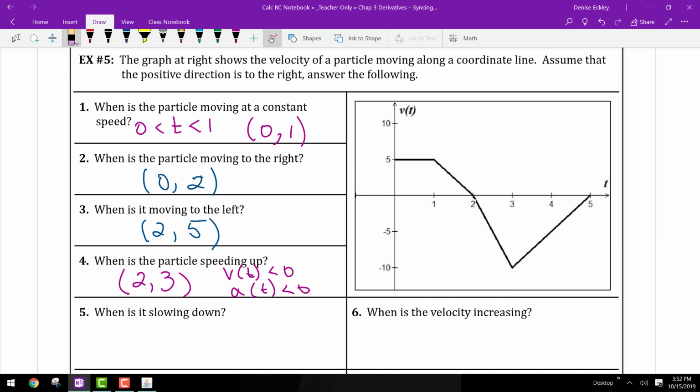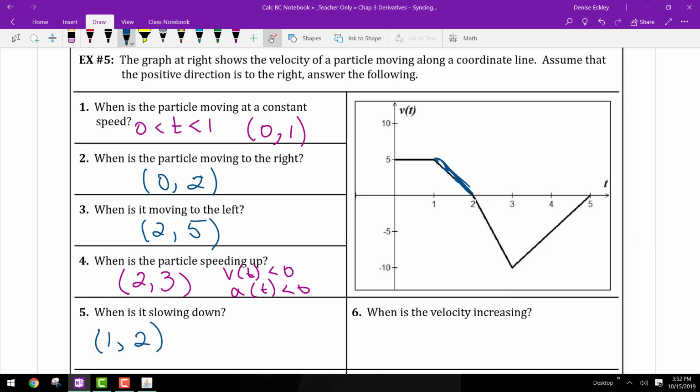So when is it slowing down? And we'll see that when we have opposites. So as I had mentioned, here we have a positive velocity, but a negative acceleration. So that's one section. So from 1 to 2, it's slowing down.